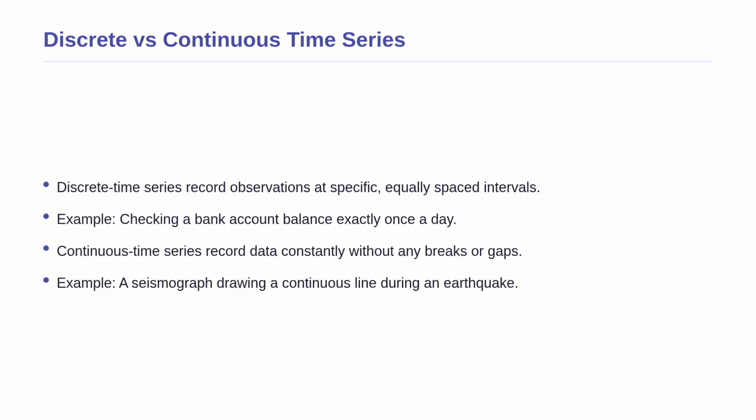Building on our formal definition, we need to understand that time series data can be collected in two different ways. The first is a discrete time series, where observations are recorded at specific, separate, and equally spaced intervals. Think of checking your bank account balance exactly once a day at midnight. You only get one number per day.